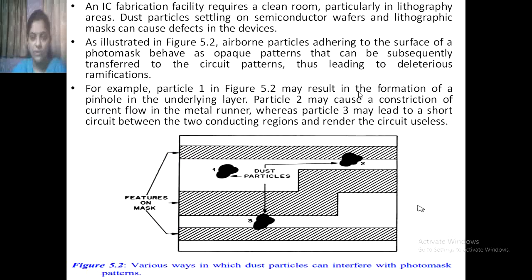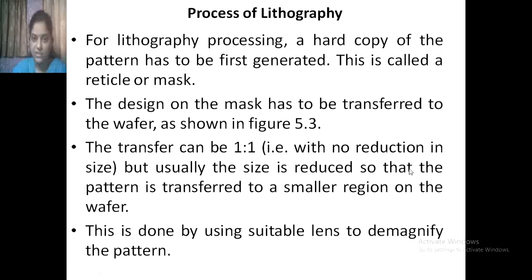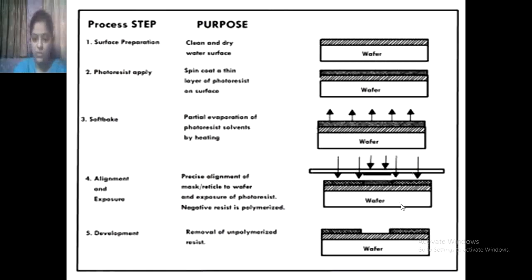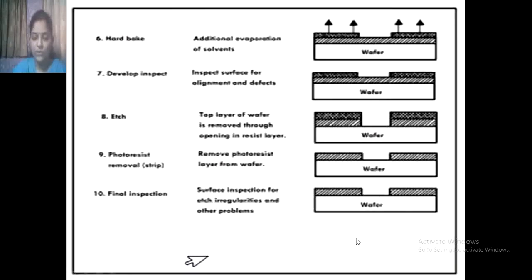We also saw the effect in IC fabrication if the room is not clean enough and dust particles settle on the semiconductor wafers, and what type of defect arises. Then we have seen the process of lithography, which we completed in the last session.